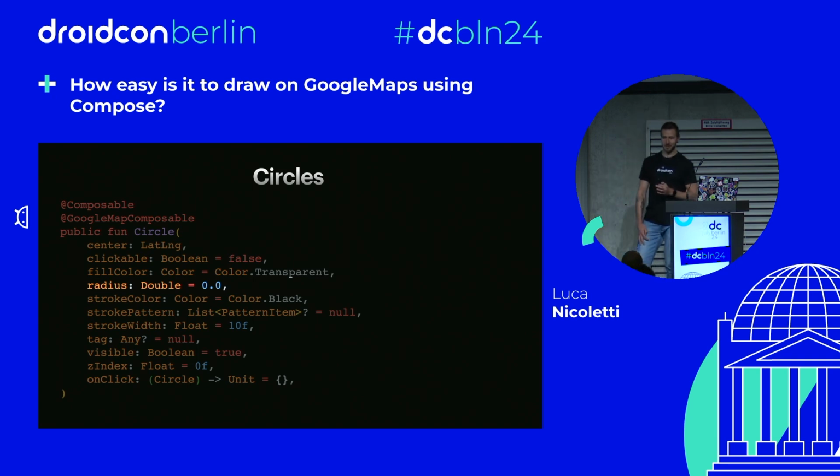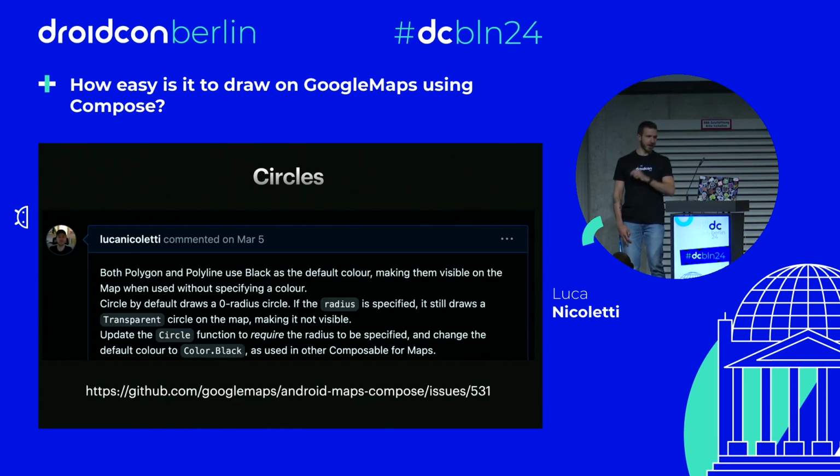So if you just specify the center, you won't see anything on the map. I opened an issue on the Google Map composable function to change this in order to require a radius to be provided and defaulting to color black, as all the other composable functions use the color black as default parameter.